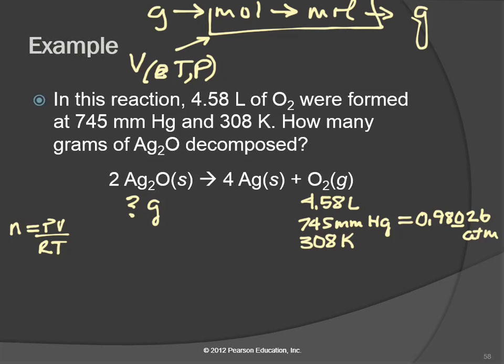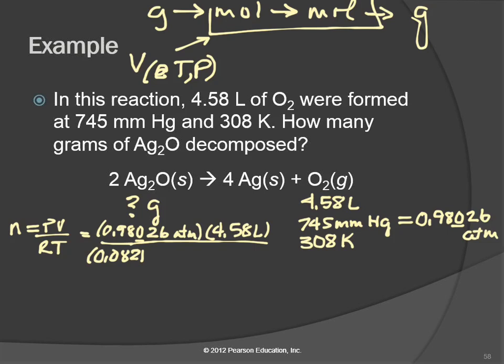So now we can plug these numbers into our equation. The pressure is 0.98026 atmospheres. The volume was 4.58 liters. And all of that's divided by R, which is always the same, 0.0821 liter atmospheres per mole Kelvin, times the temperature, 308 Kelvin.